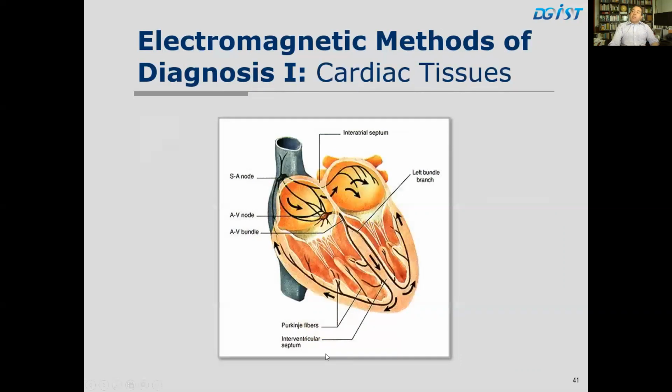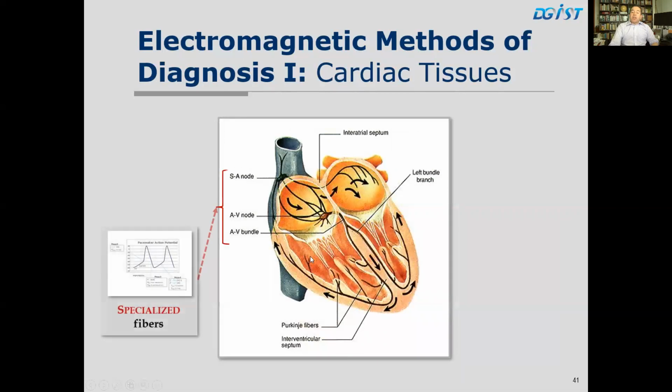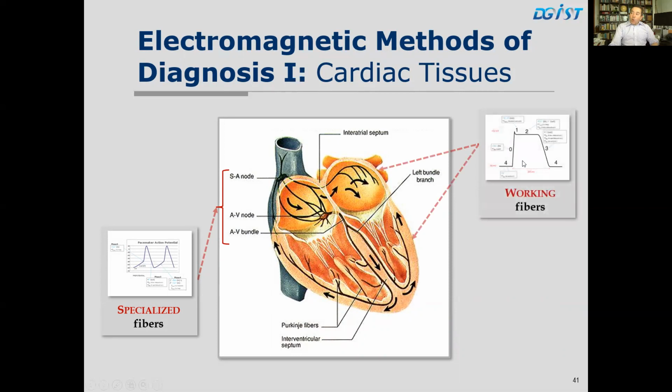So we talked about the electric action potential, and those action potentials occur in the heart. And it turns out there are 2 types of fibers in the heart. There are these specialized fibers that produce this action potential so that the working fibers or the muscle fibers can contract in an organized way.